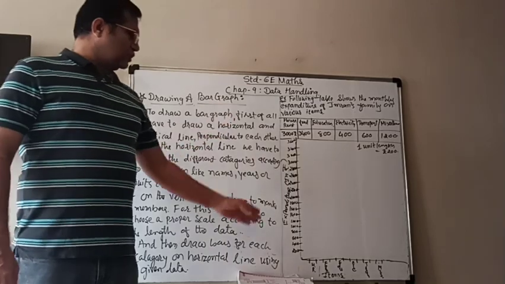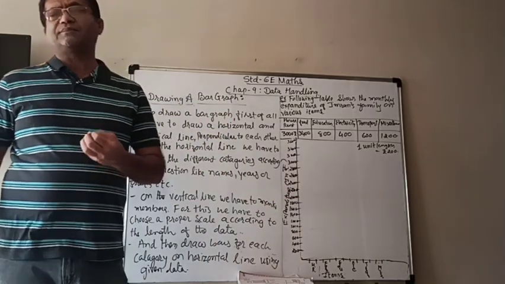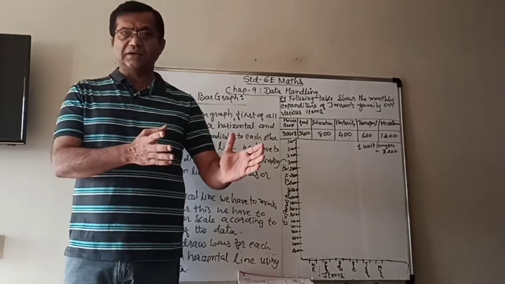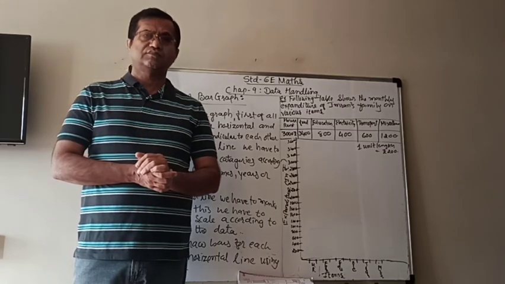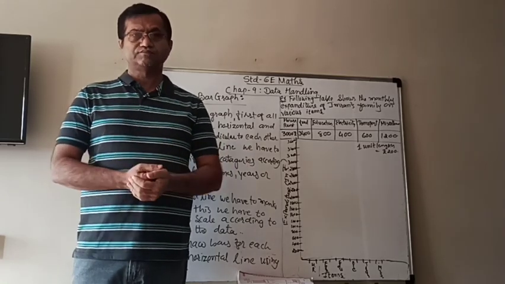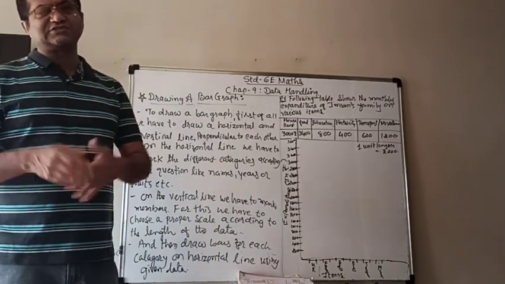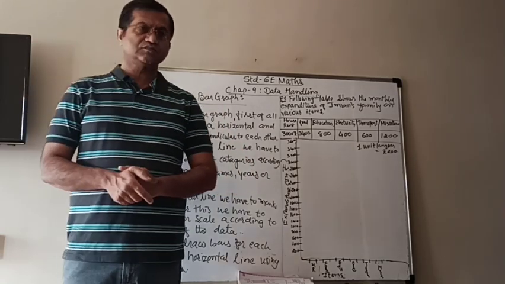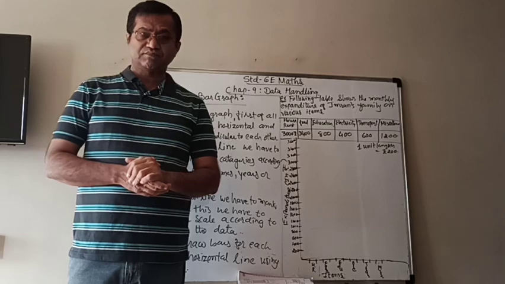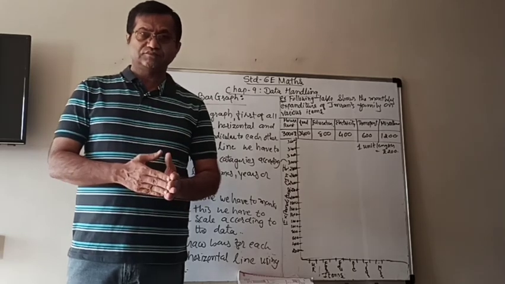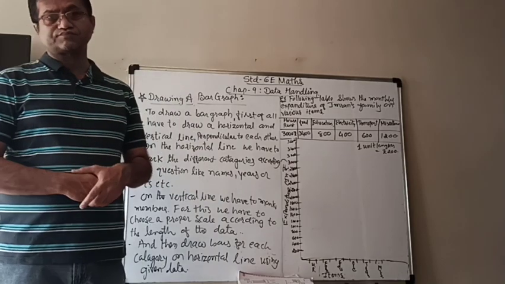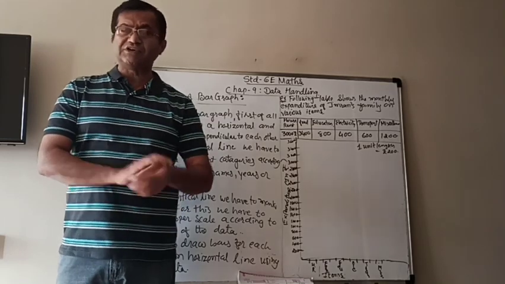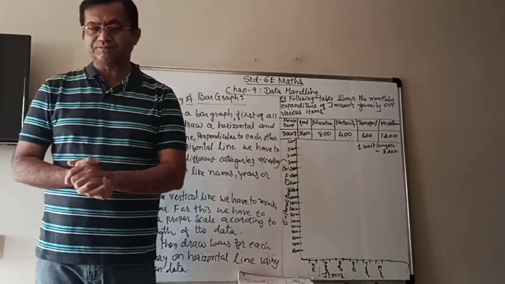Now after you take the horizontal and vertical line, the different categories, like the names of the students or the years, or different categories like the expenses on different items like food items, electricity, etc., whatever they are, are taken on the horizontal line. And then on the vertical line we have to represent the numbers which are connected to that given data.